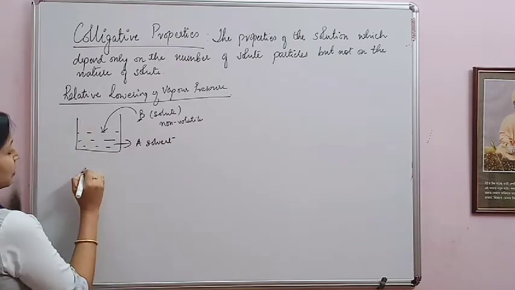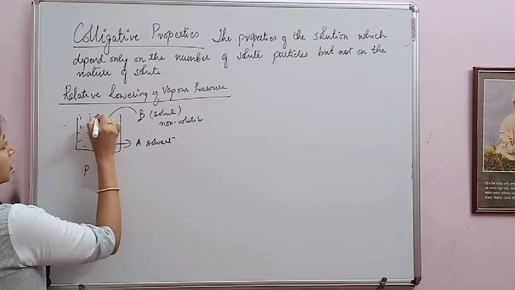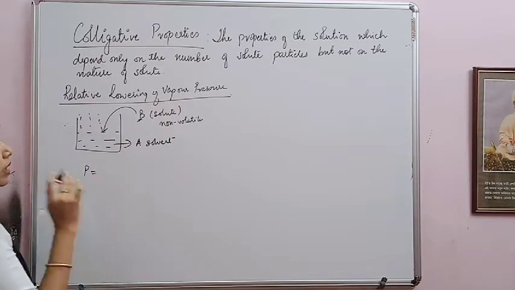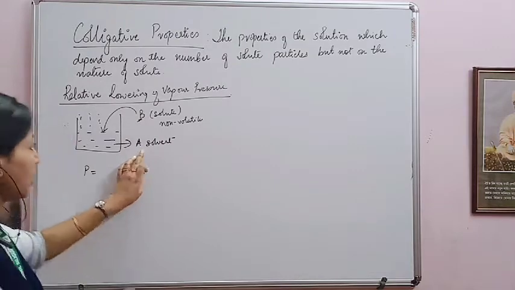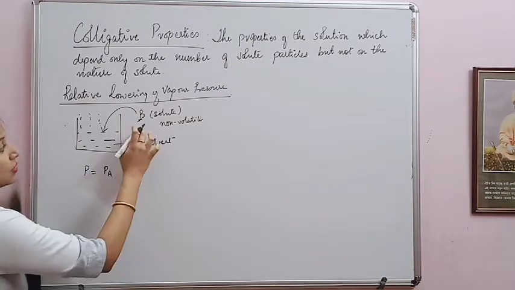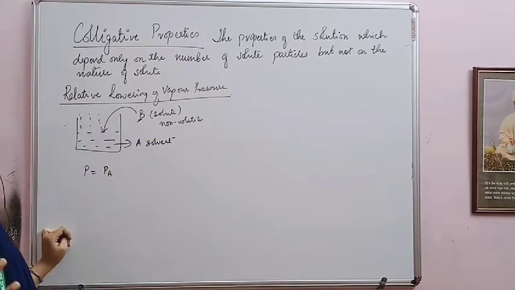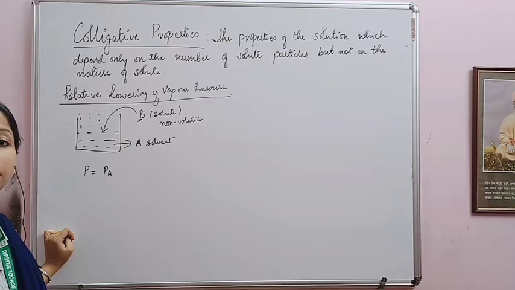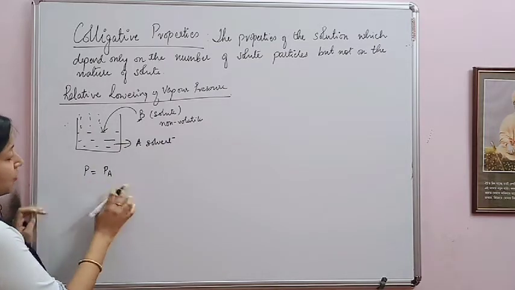In that case, the vapor pressure of the solution will be only due to the vapor pressure of the solvent. So that will be PA. Since your solute is not volatile, it will make no contribution to the vapor pressure of the solution. Clear? So we start from here.